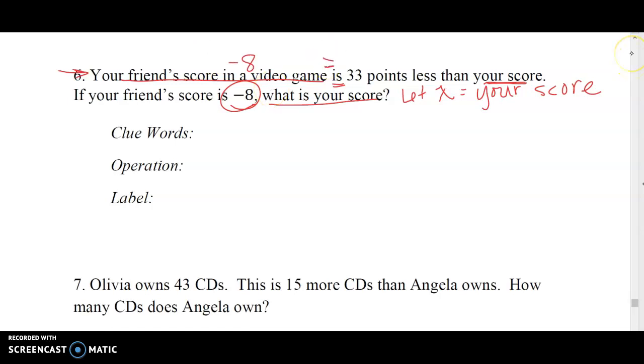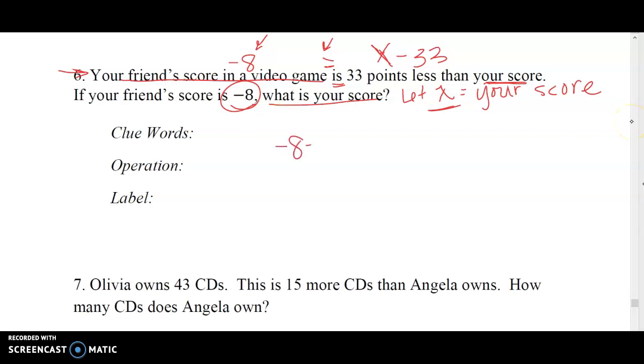Is translates to equals 33 points less than your score. Oh, my score is X. So my friend's score is 33 points less than my score. You have to take your score and take 33 points away from it. Okay. There's your equation set up right above all the words.